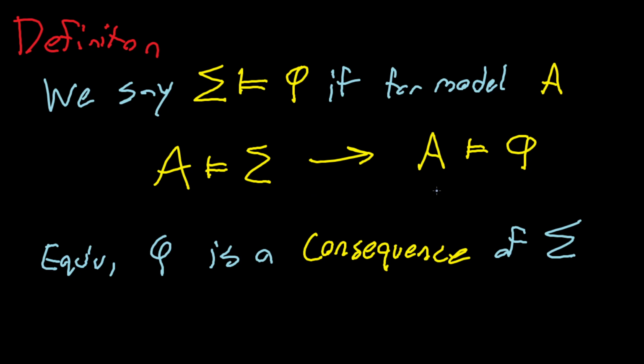So importantly, what that means is every model, every possible world of these axioms sigma, in every possible world, phi is also true. So in one way, it's very clear to say that means phi is true given that sigma is true.